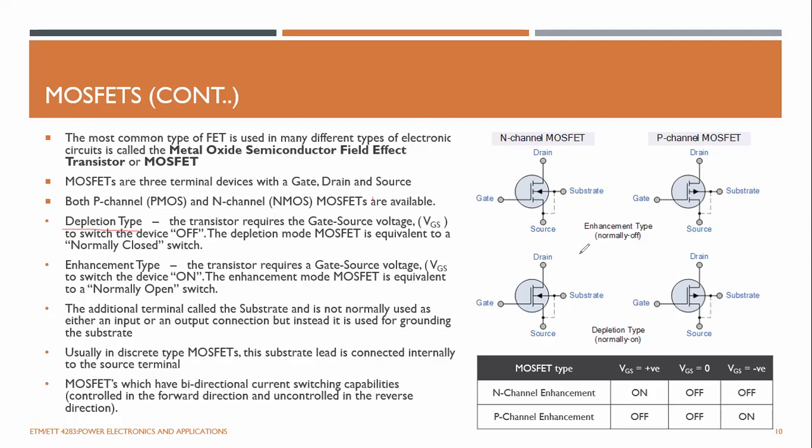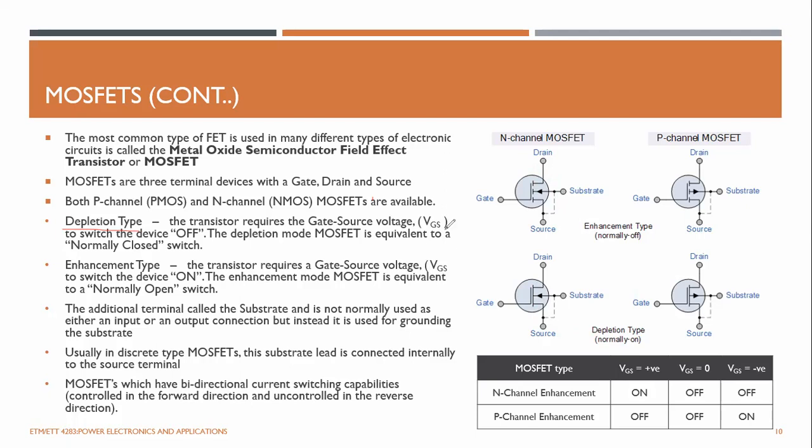In the depletion type, the gate is a continuous line, while in the enhancement type it is a broken, segmented line. This is how you identify depletion and enhancement types. So in circuit symbols, make sure whether you're using a depletion or enhancement type.